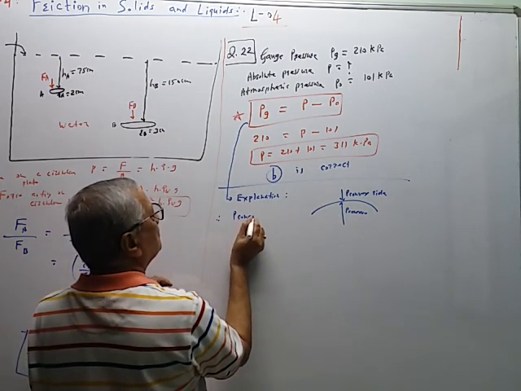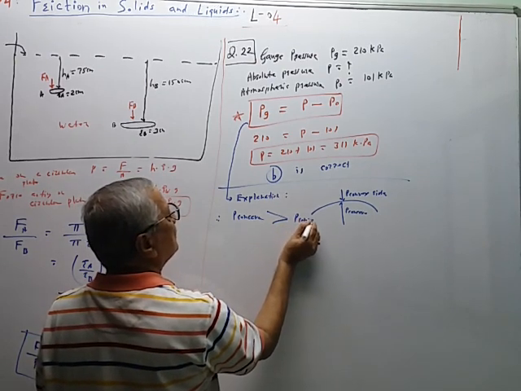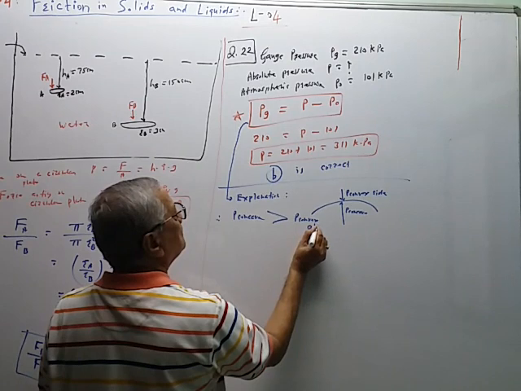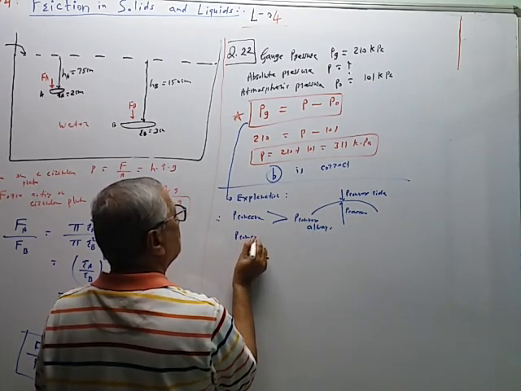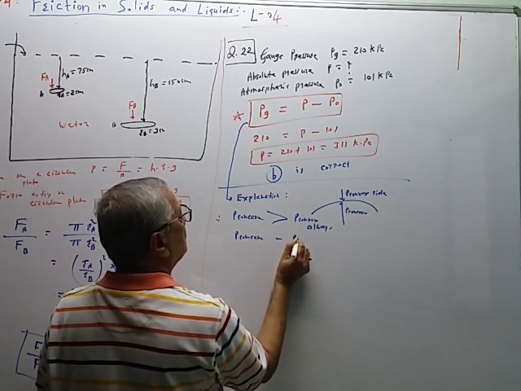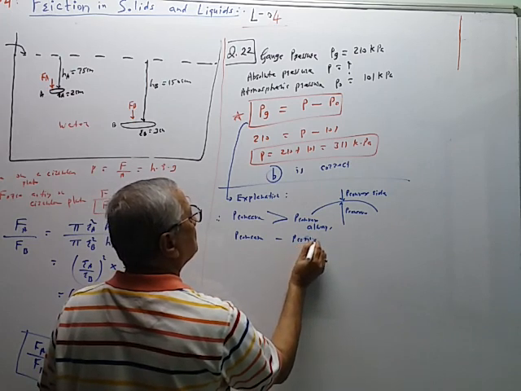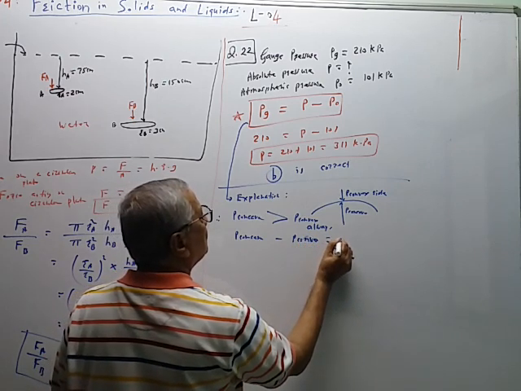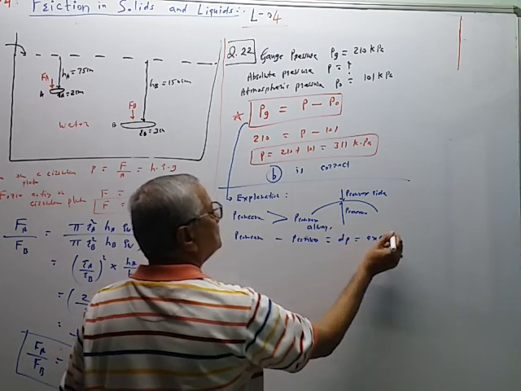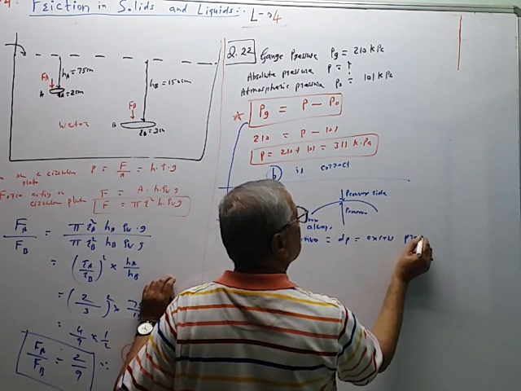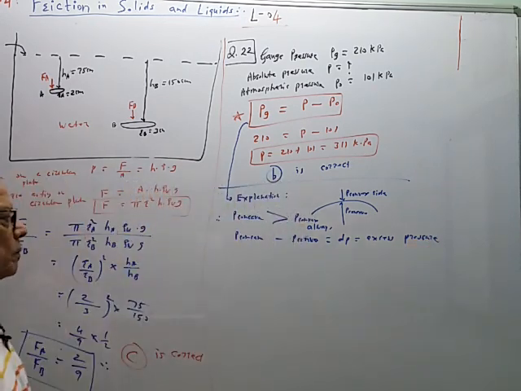P concave is always greater than P convex, always. Therefore, P concave minus P convex is equal to dP, the excess pressure.